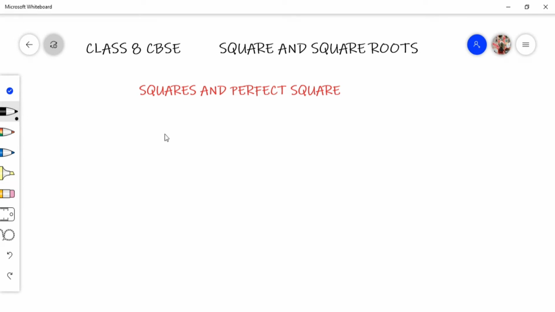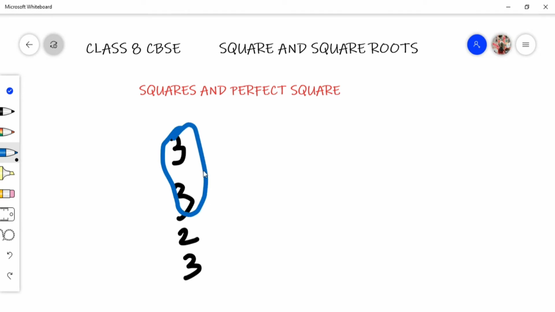The numbers in a group should be the same. Suppose in the first group there is a 3 and then 3, and then 2 and then 3 again. Then the grouping cannot be formed. Even if there are four numbers, the first group, 3 and 3, is correct, but 2 and 3 are not the same numbers.